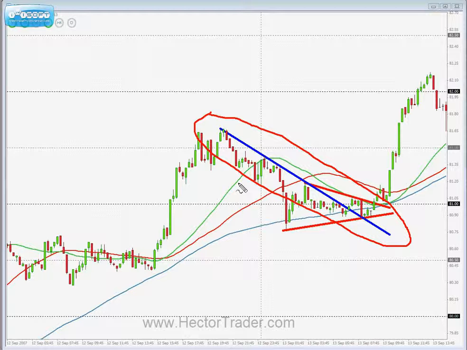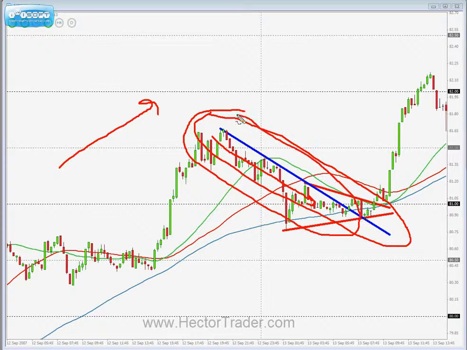It means that the bears that were retracing back price in this uptrend, the bears have been in control, at least from a temporary point of view, pulling price down to support levels.